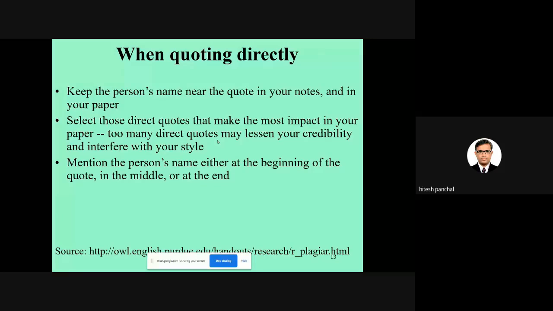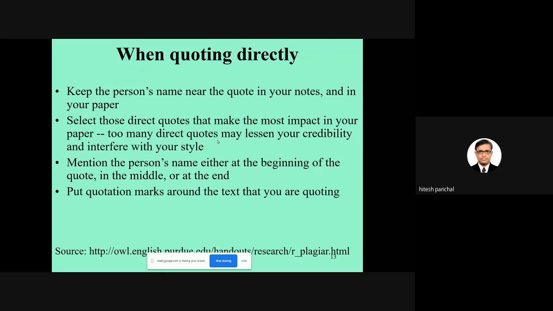At the end of this session, you can easily understand plagiarism and how you can reduce it. Then put the quotation mark around the text that you are quoting. If you do not put the quotation mark, definitely you will find plagiarism. I have one hands-on practice, and in that practice I will show you this also.